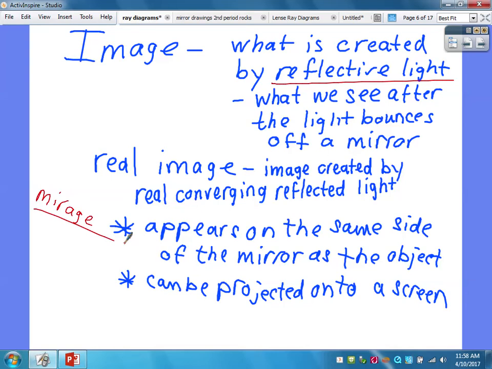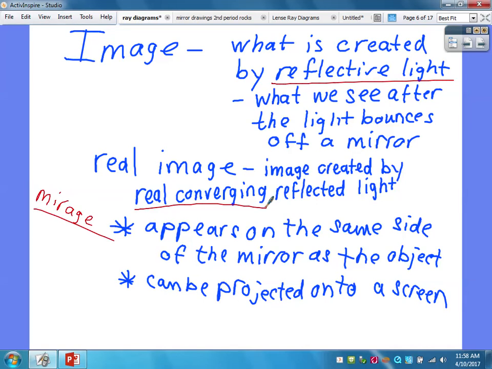All right, and this will be much clearer when we actually start doing some ray diagrams too. It's created by what we call real converging reflected light. It'll be created by light rays that, it's still the real light that's reflected off of the mirror coming back and converging together, basically intersecting.